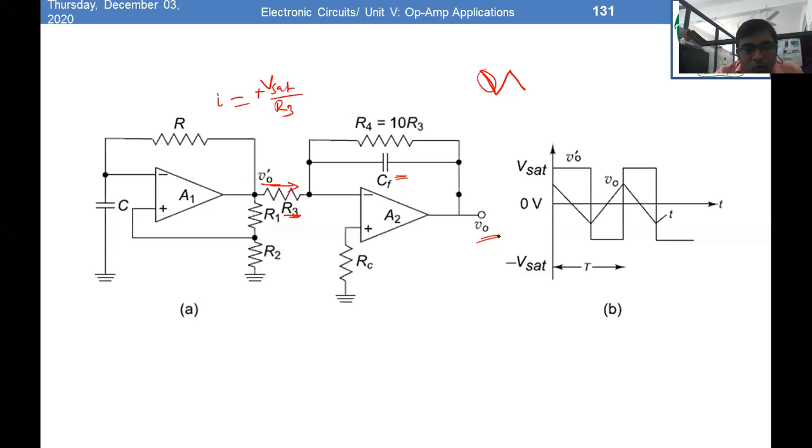And when V0 dash is low at minus Vsat, the output of the integrator ramps up linearly. In this way the cycle continues. So initially, when V0 dash is at plus Vsat, the output voltage across A2 is a negative ramp, but when V0 dash is minus Vsat, it rises up to the plus ramp.